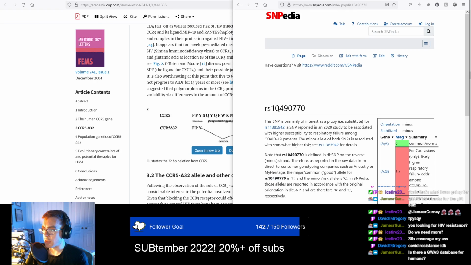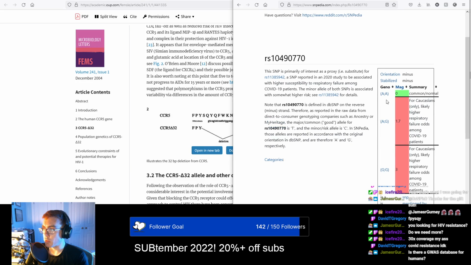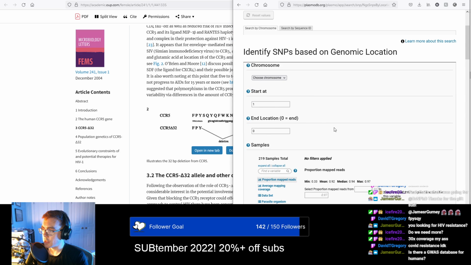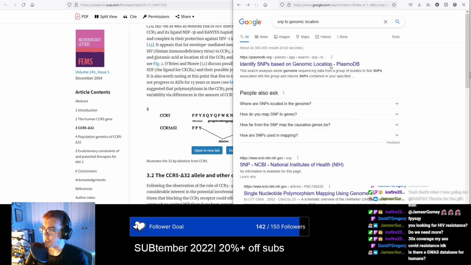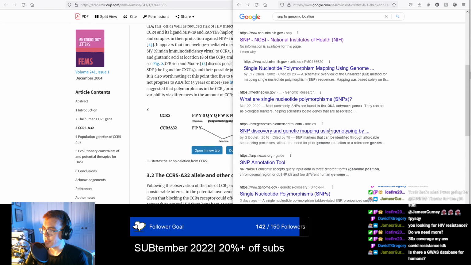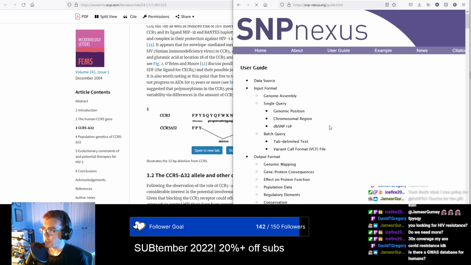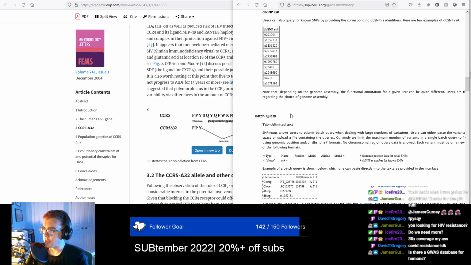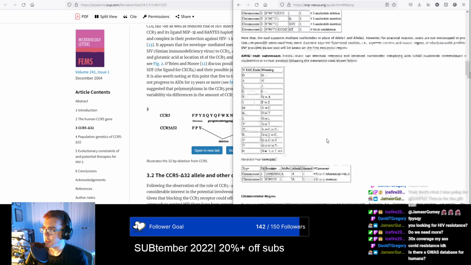This is just a name, and it gives me which allele, A or G, but it doesn't tell me where it is. Okay, here we go, query this.